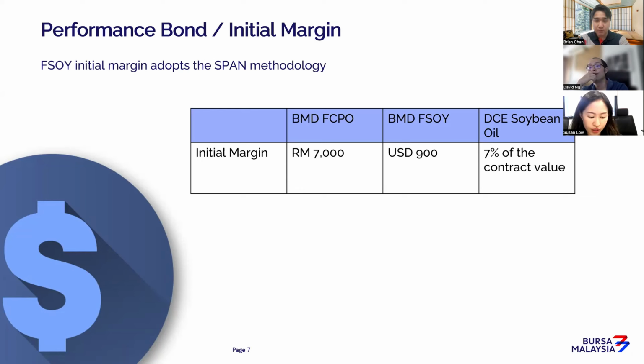Let's say the FSoy is currently priced around US dollar 1,100, making the total contract value, which is 25 metric tons, 27,500 US dollar. So 27,500 US dollar contract value against the 900 US dollar margin is roughly 3% of the total value. So quite a good low margin product to trade.